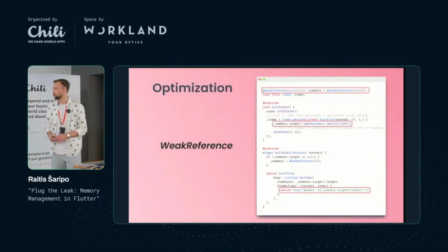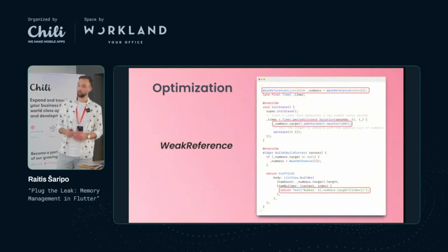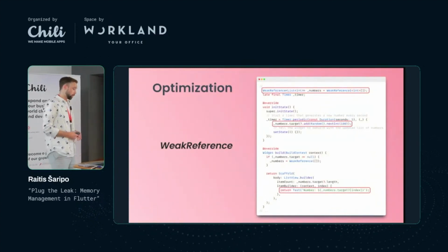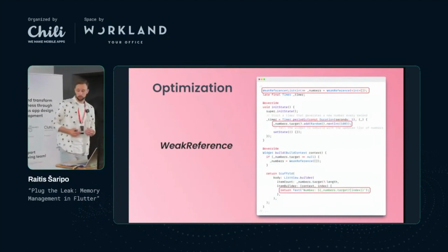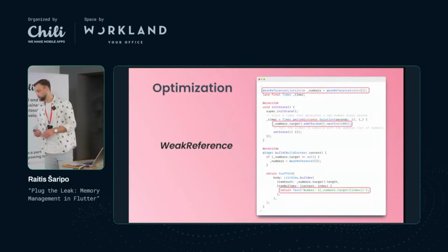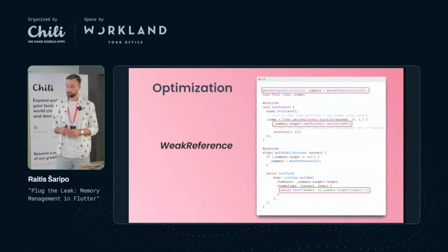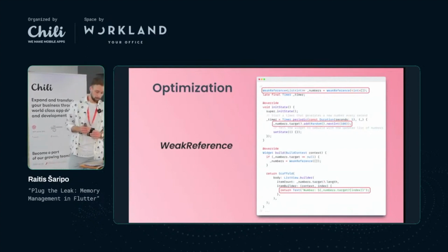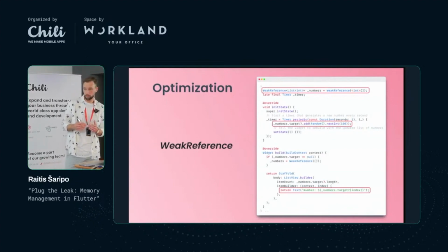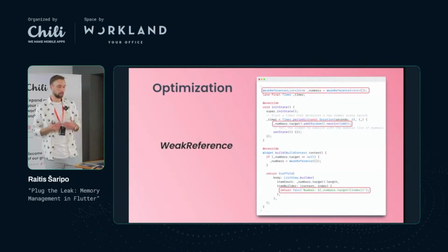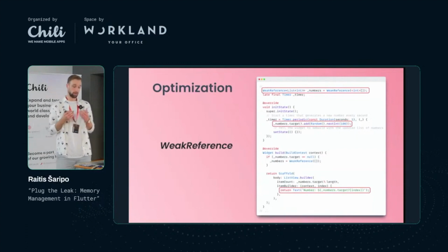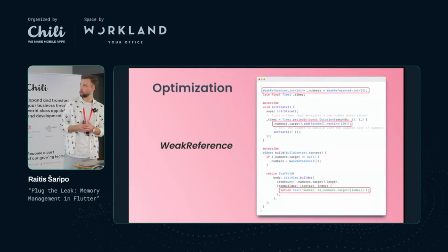Okay, first one, we could try to use weak reference. What weak reference does, it creates a reference that allows the object to be garbage collected even if it has a reference pointing to it.